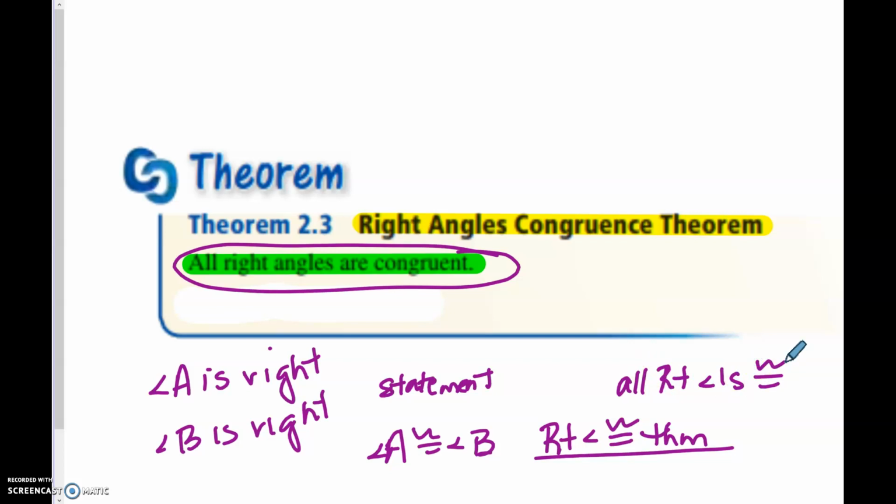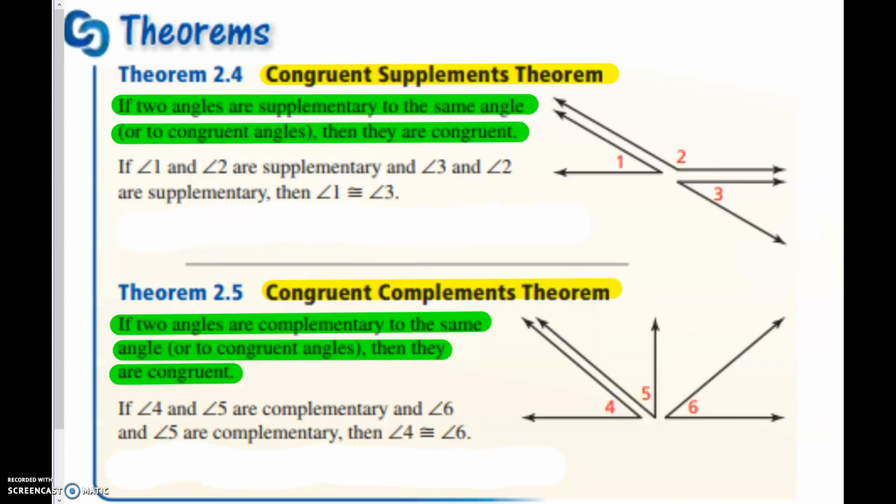I just have a hard time coming up with this exact name, right angle congruence theorem, and my brain always remembers that all right angles are congruent. So you can put either one of those down as your reason. You may need to pause this video right now so that you can get this all in, and then continue on as I continue explaining.